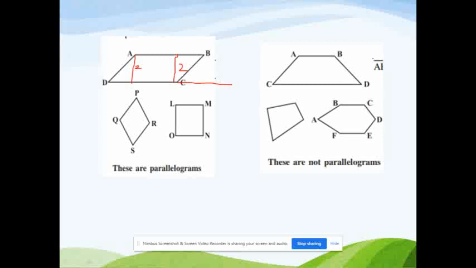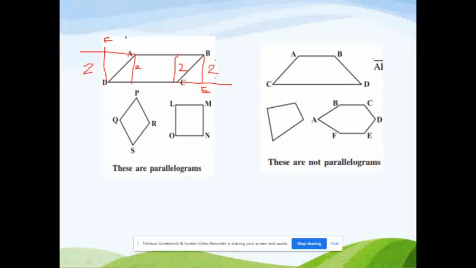If we extend this side, the distance between B and this point, suppose we call it E, is also 2 centimeters. And if we extend side A, which we consider as F, the distance between F and D is also 2. I hope you understand. So this is called the pair of parallel sides.